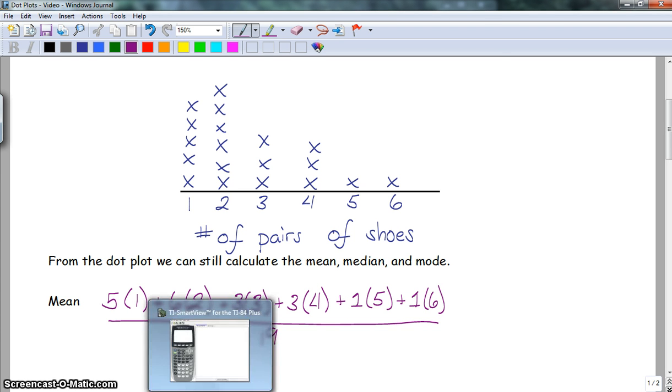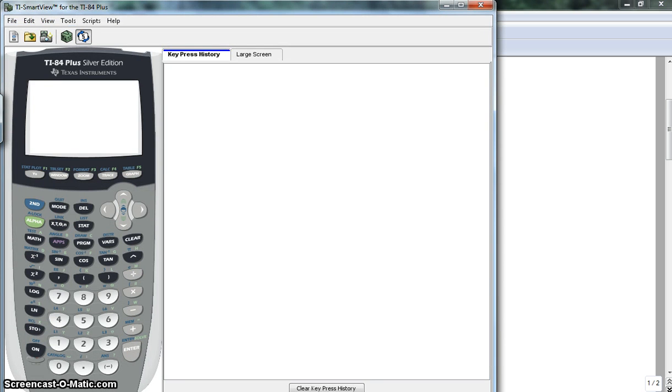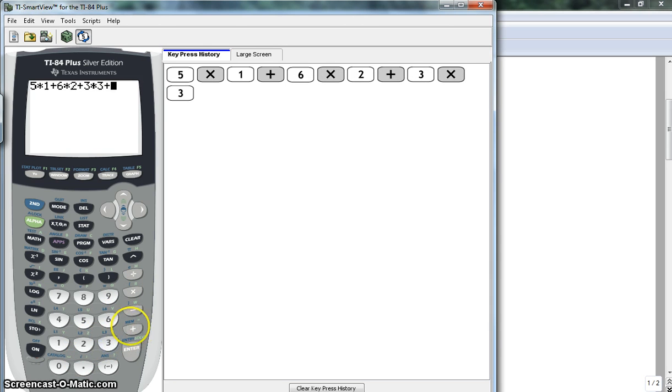I'm going to go to my calculator, type this information in. So it was 5 times 1 plus 6 times 2 plus 3 times 3 plus 3 times 4 plus 1 times 5, or just 5, plus 6.